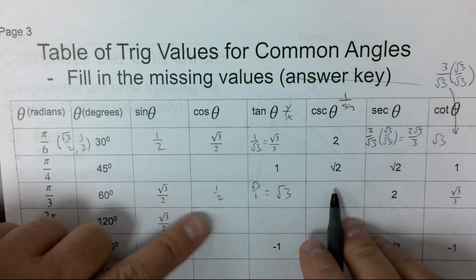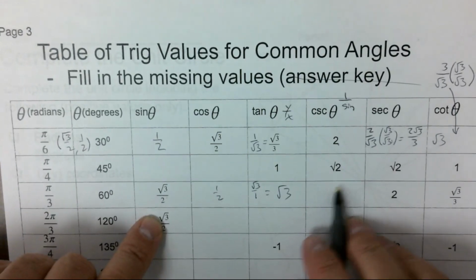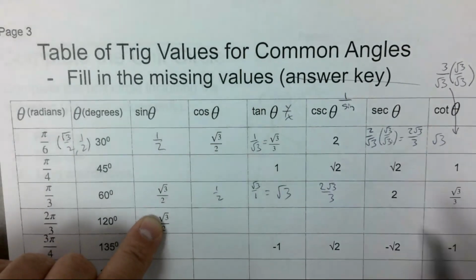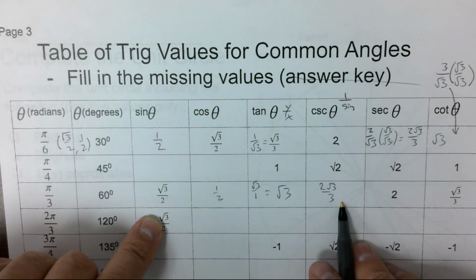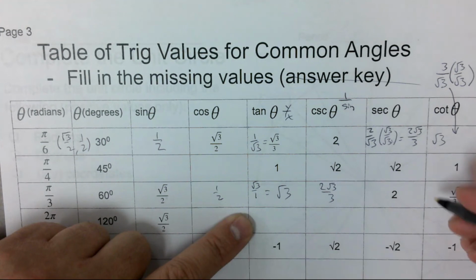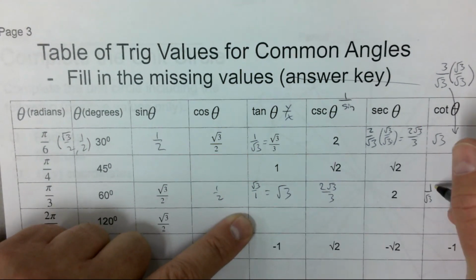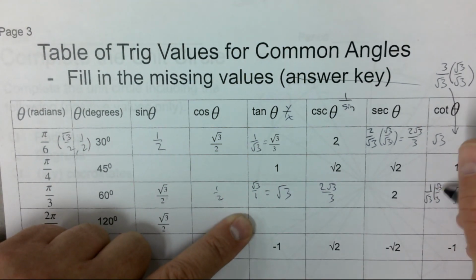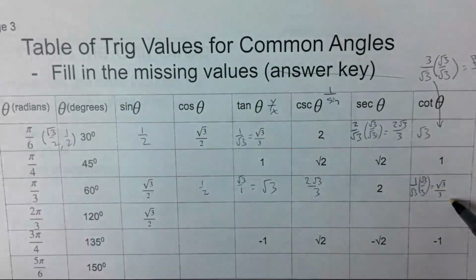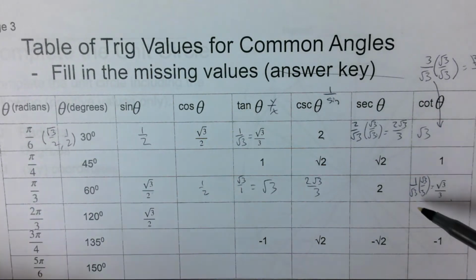And then this one would be like what we got here, 2 square root of 3 over 3. And then notice we had this square root of 3 over 1, which is 1 over square root of 3. And when we rationalize it, we got what was in the key part, where it's square root of 3 over 3. So those are a few of them.